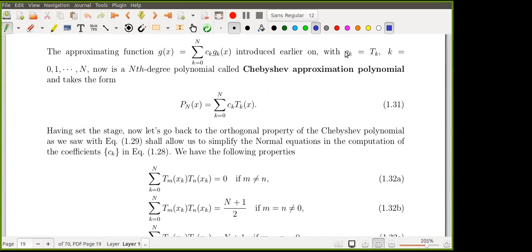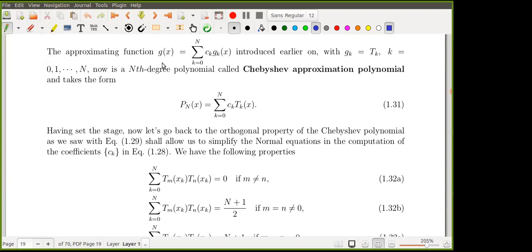Now we can take the g_k to be the T_k's, where k runs from 0 to capital N. We saw that for each k, T_k is a polynomial of degree k.